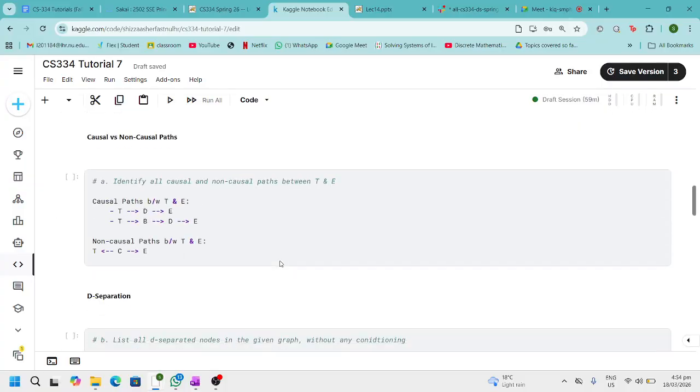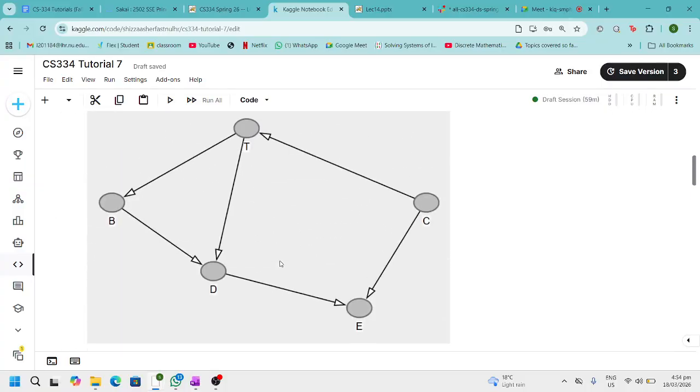So what we do is essentially identify all backdoor paths between two variables.